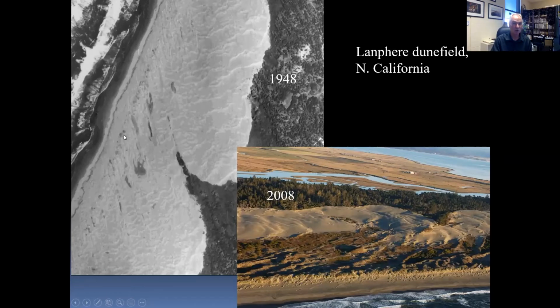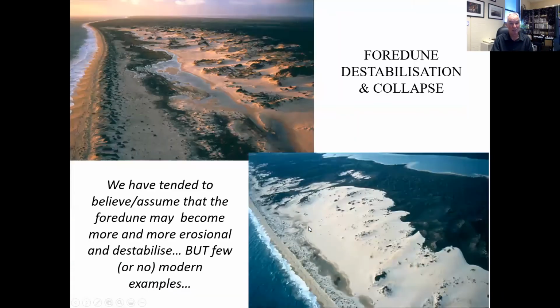There were a few isolated mounds or clumps of plants. W.S. Cooper's diaries along this area in the 1920s says there's no foredune at all. So there's a tendency for us to look at these in a certain evolutionary stage where they have a foredune or they look like this and go, you need to break down the foredune to make the transgressive dunefield phase. I'm not so certain about that anymore.